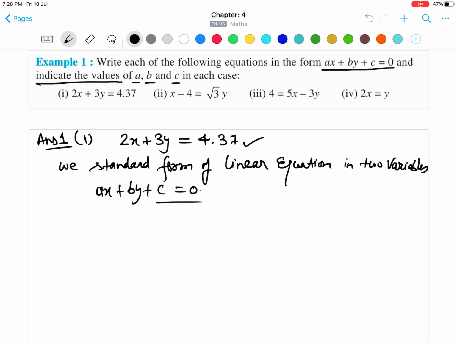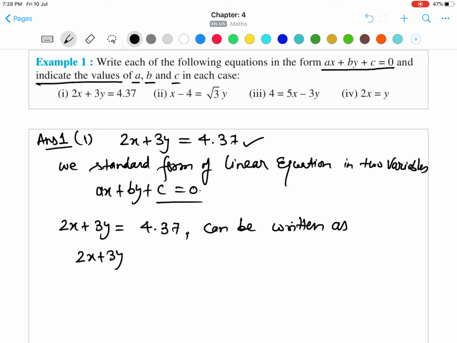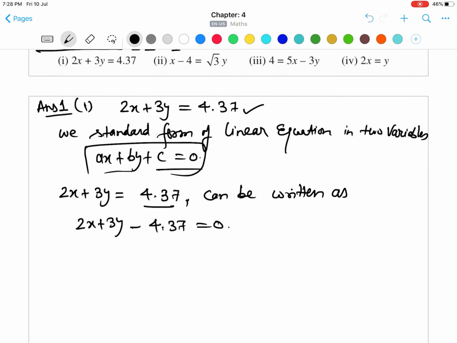So we'll write 2x plus 3y equals 4.37 can be written as 2x plus 3y, and when you shift this 4.37 onto the left hand side, it will become minus 4.37 equals 0.